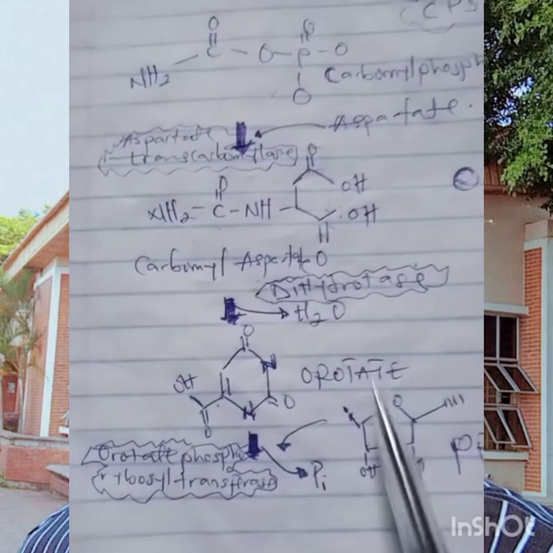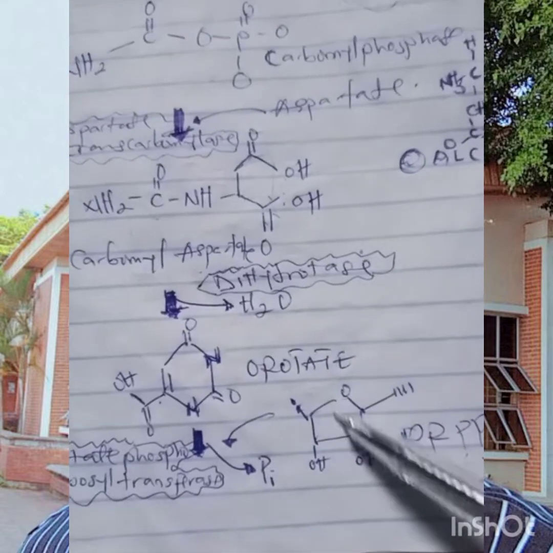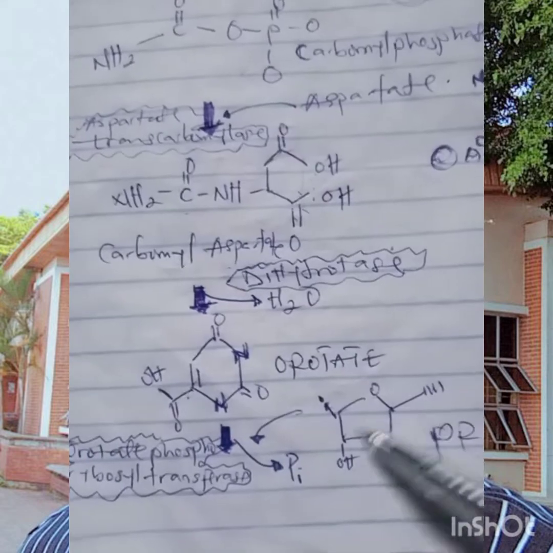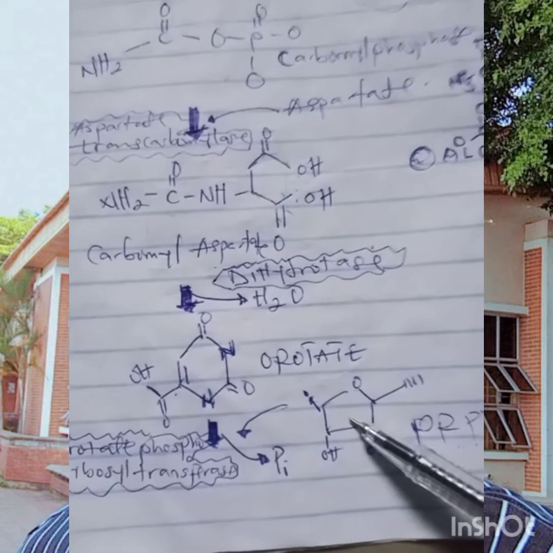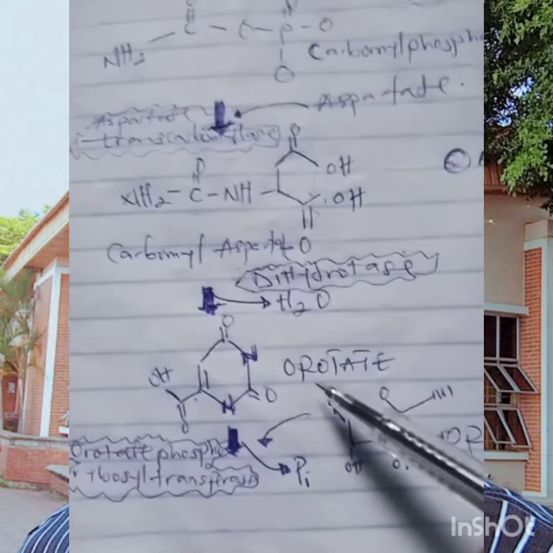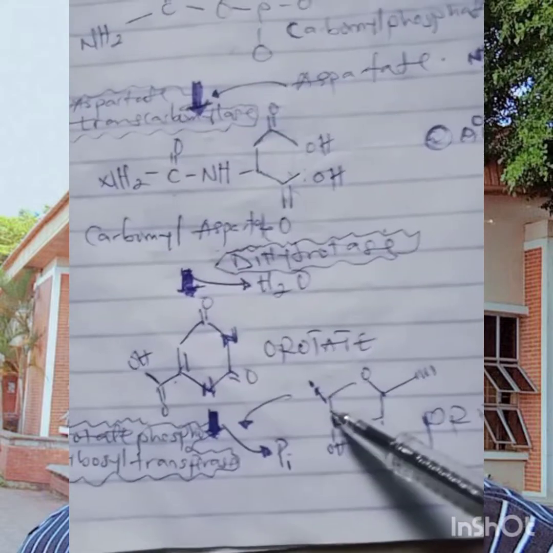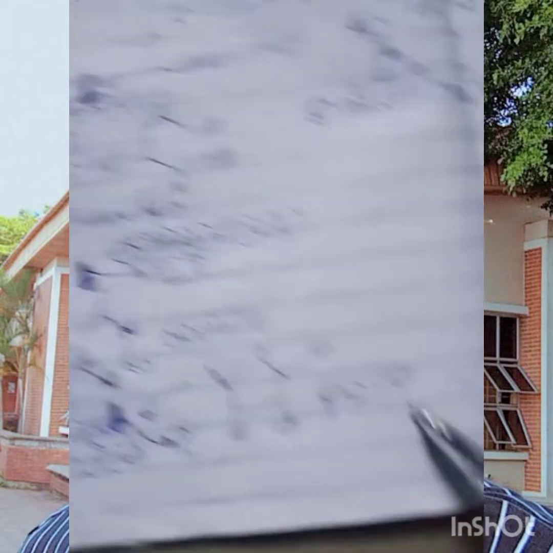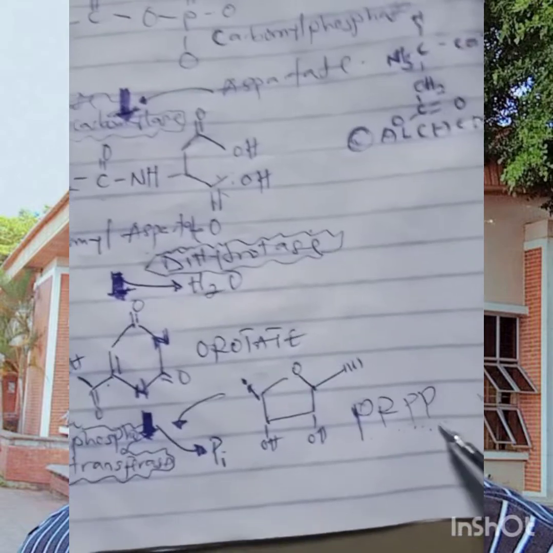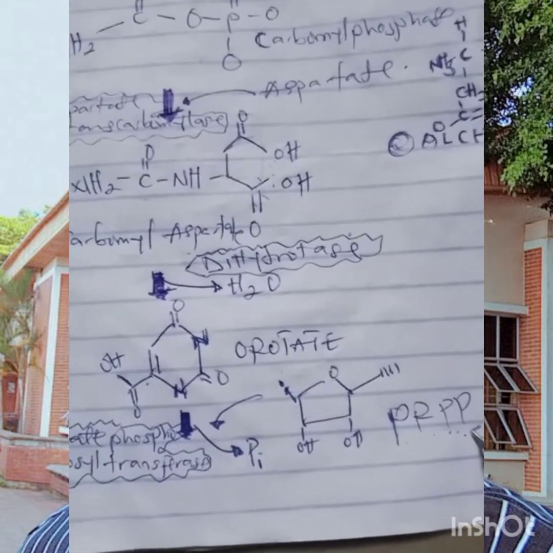Now, look at this structure. It consists of a ribose sugar, and this ribose sugar has 2 molecules of phosphate, and the 2 molecules of phosphate in this structure are called the pyrophosphate.